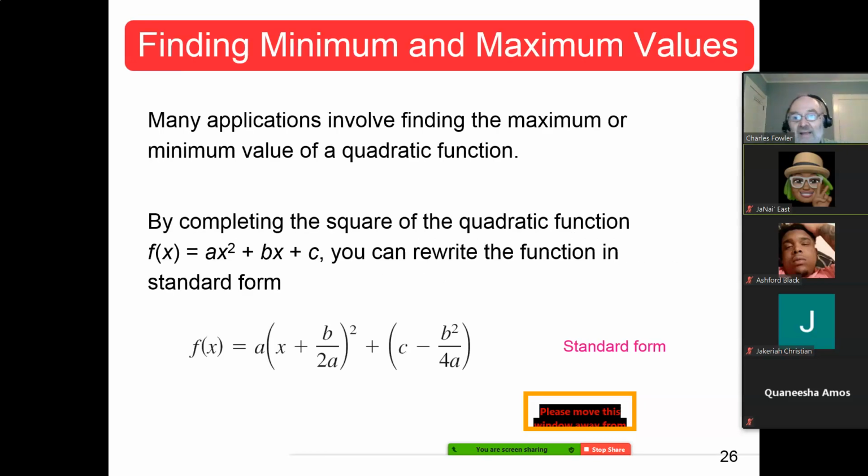Many applications involve finding maximum or minimum values for a quadratic function, or any function really. By completing the square of the quadratic function, f of x is equal to ax squared plus bx plus c, that's the old way we used to write it, you can rewrite the function in standard form.